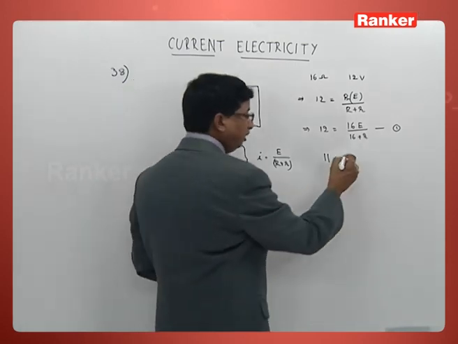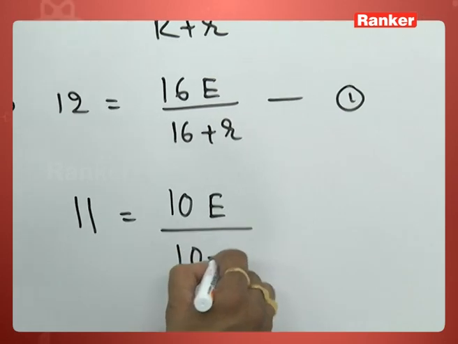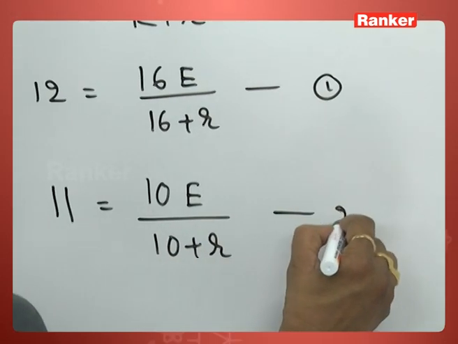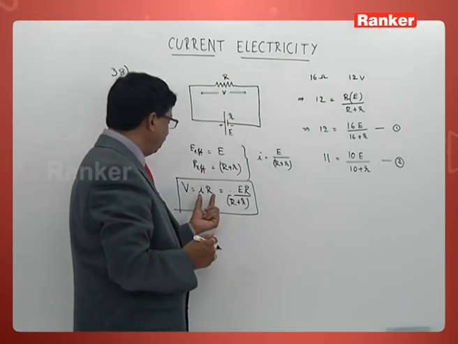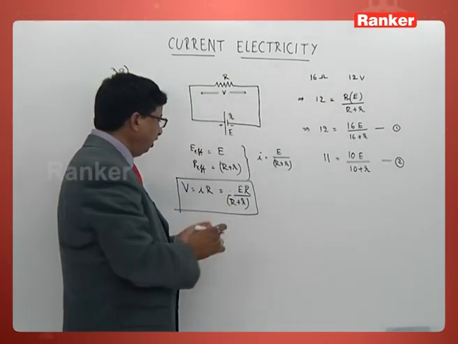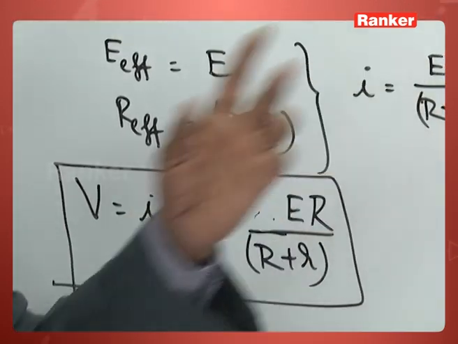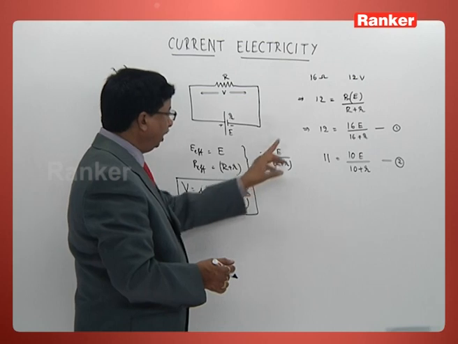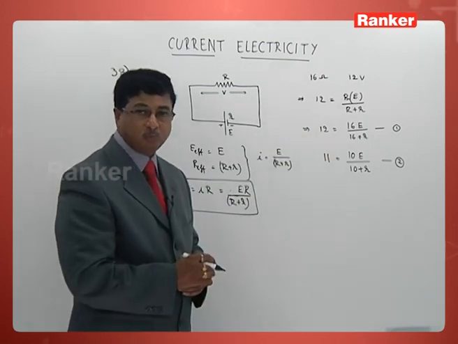So we can write 10 times E by 10 plus r. That's my second equation. So all of you can understand IR, that is E by R plus r into capital R. That is the formula. That I have repeated twice according to the values which are provided to us.